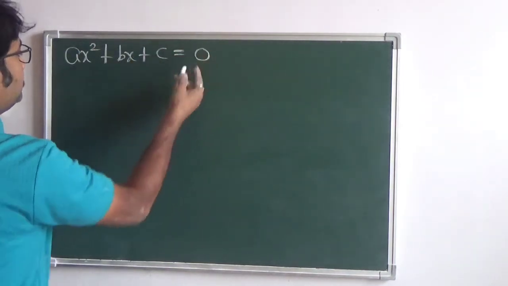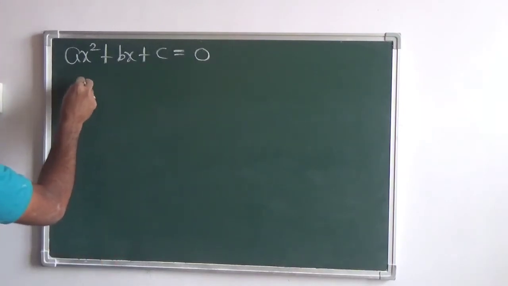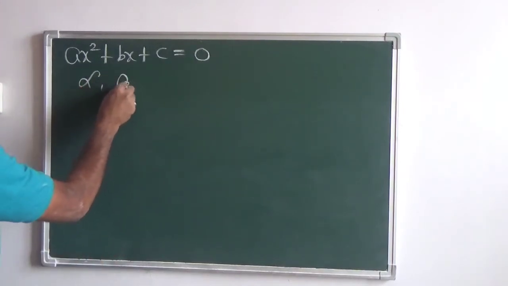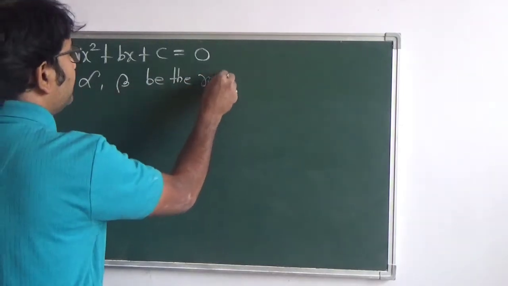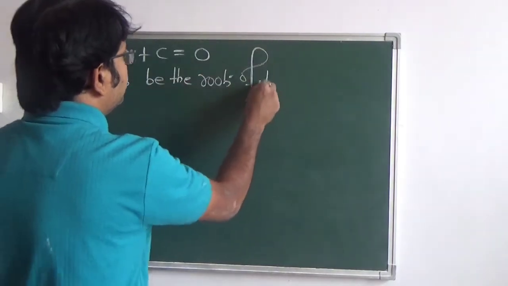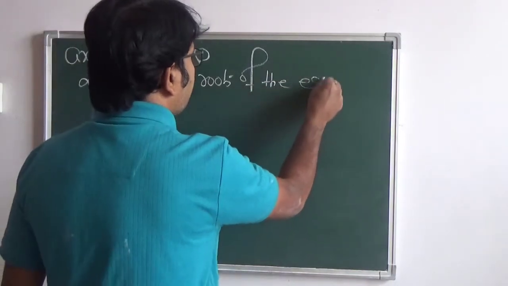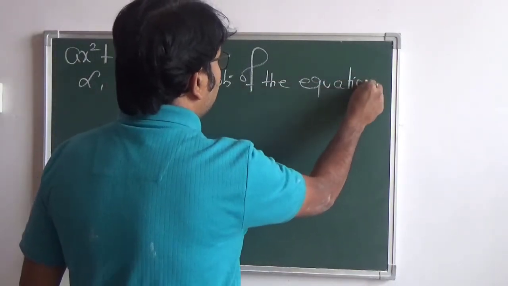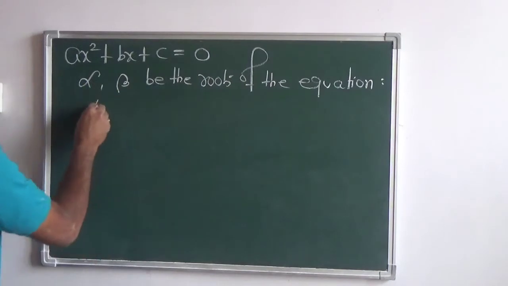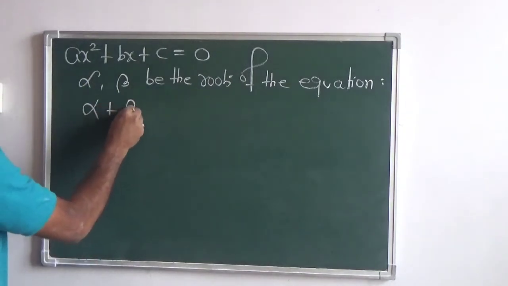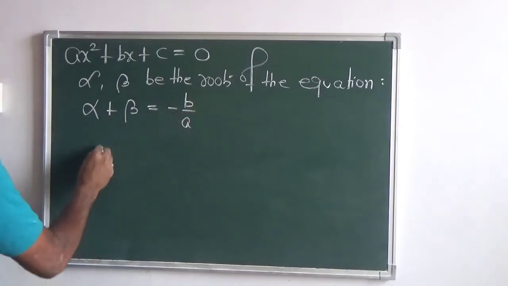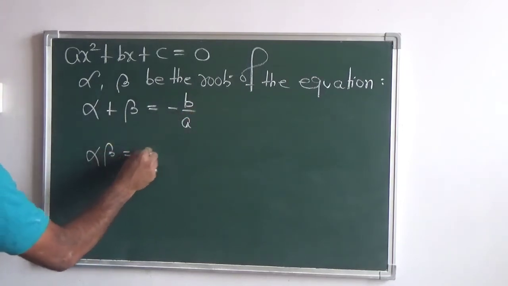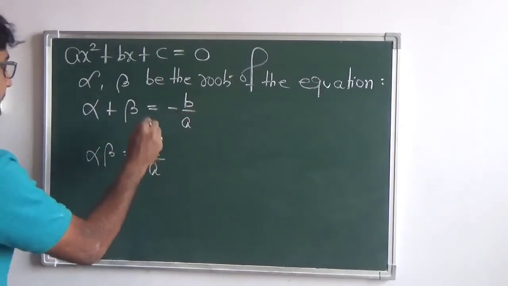If this is the equation and alpha and beta be the roots of the equation, then we have alpha plus beta is equals to minus b by a and alpha into beta is equals to c by a.